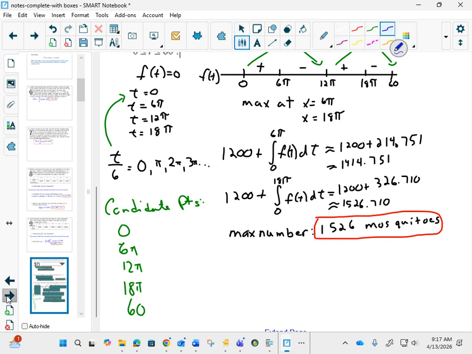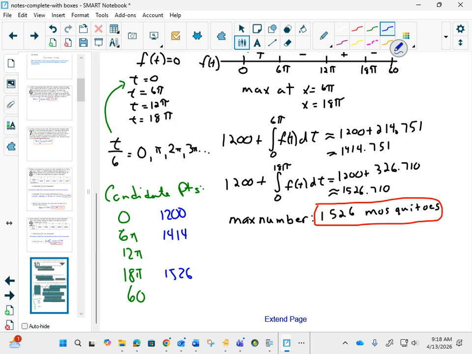So as far as figuring out our candidate points, you know you started at 1200. 6 pi got us 1414. 12 pi we didn't do, but I would add it in here and show that it doesn't work. This one's 1526, and we had figured out that 60 was 1482.